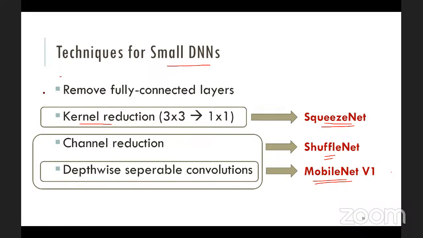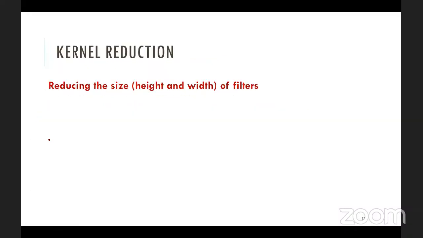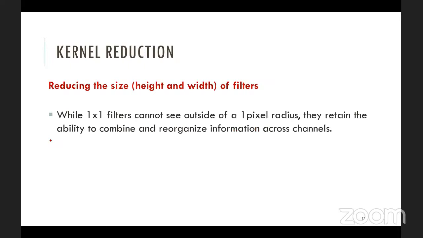Or maybe let us see what we mean by this reduction. First of all, see how we can do kernel reduction. Basically, we want to reduce the size of the filter, the height and width of the filter, right? Now, what happens with the point-wise convolution, this 1 cross 1 filter? What happens when you place a filter on an image?